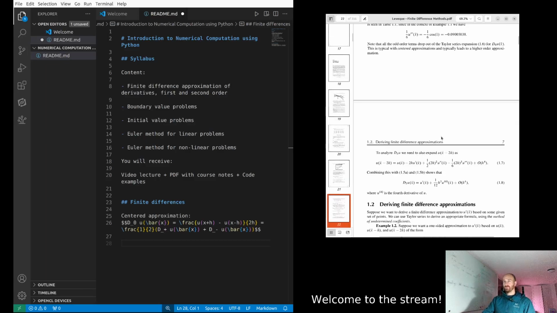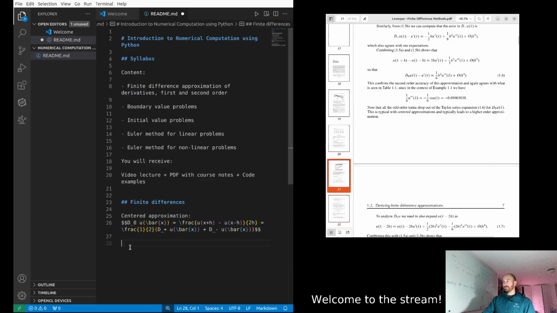And so we're going to add into our notes that the error of calculating the derivative by using the centered approximation is of order h cube.